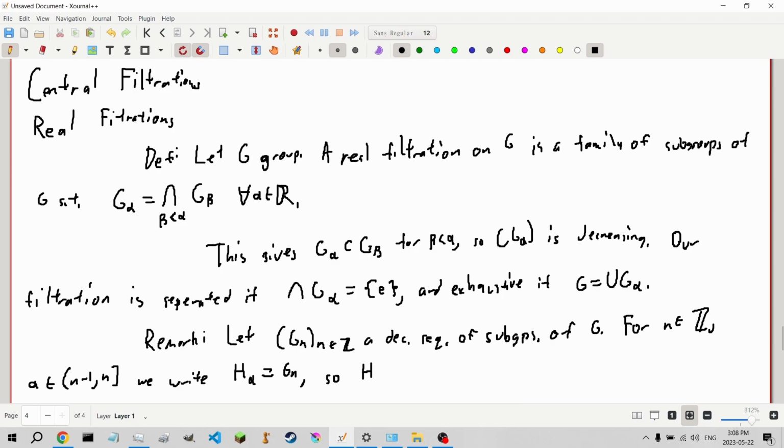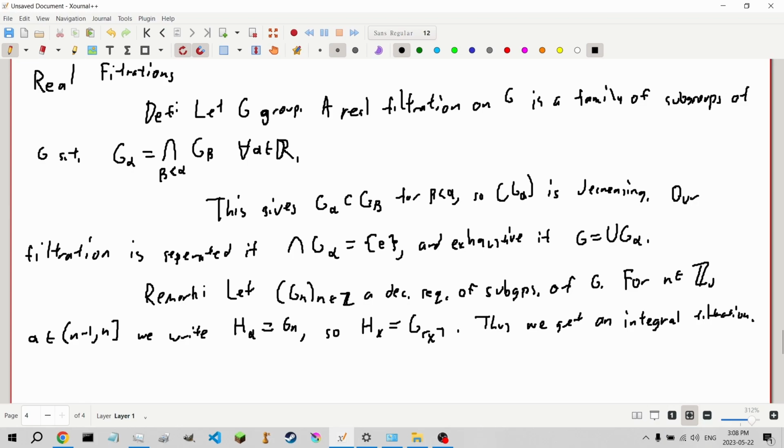So written better, h of x is G of the ceiling of x. Thus we get an integral filtration, if you remember from Serre. This is, of course, a real filtration.